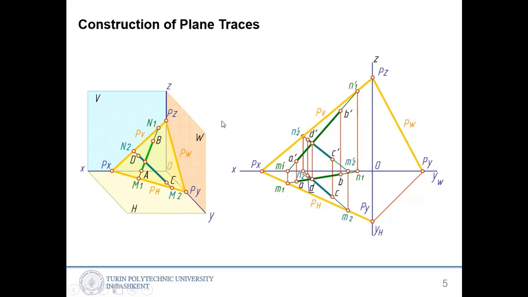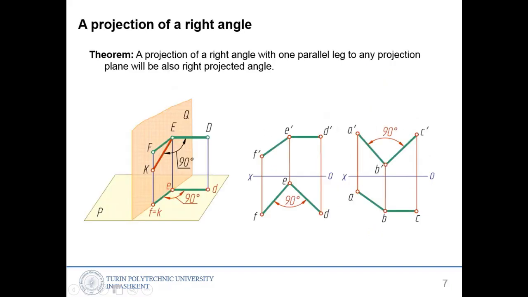And how to generate it using another type of representation: two crossed lines are given, and by using these lines, how to generate the plane traces was studied in the last lecture.